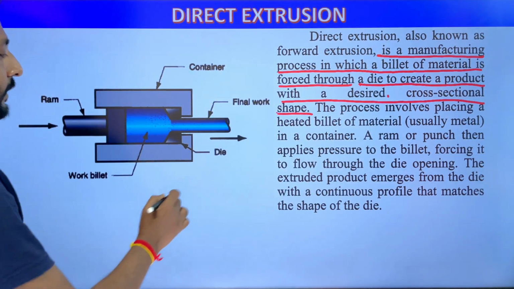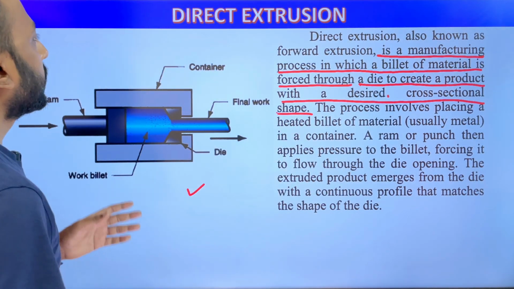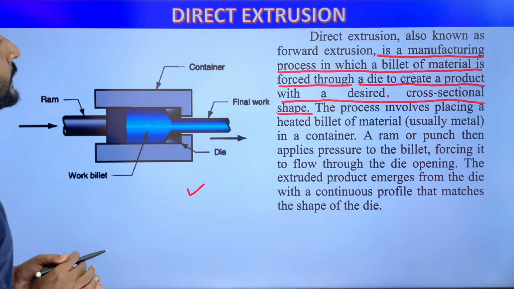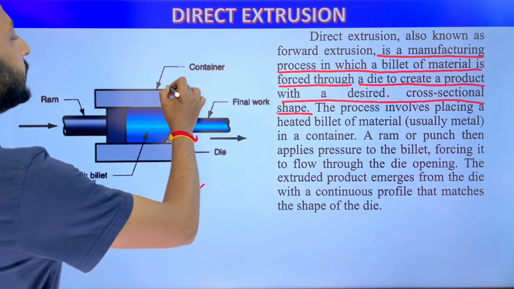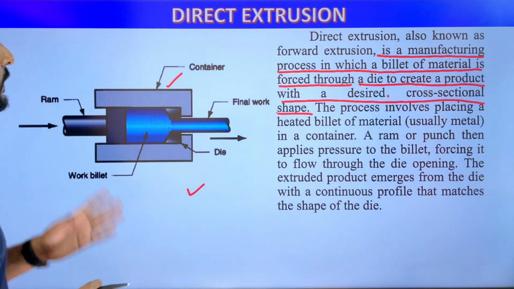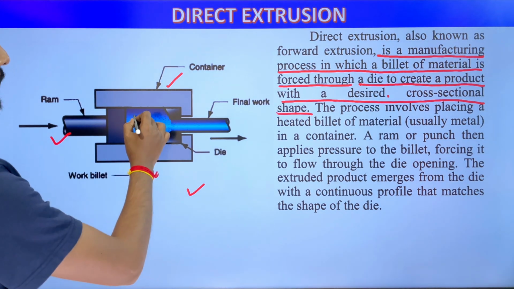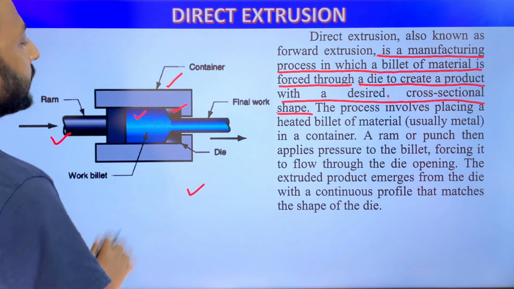So this is the visible layout diagram of direct or forward extrusion process. In this figure, we can clearly see that this is container. The container is cylindrical type, and this is ram, and this is metal billet, and this is die.